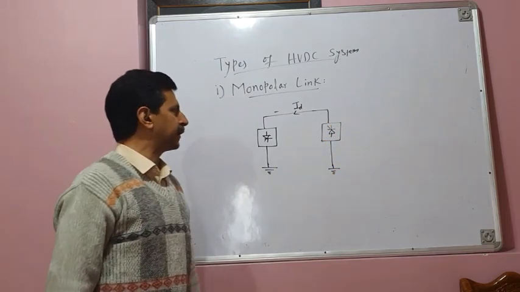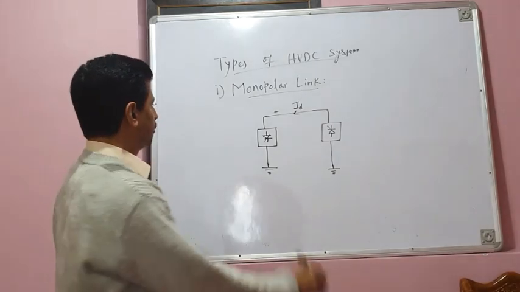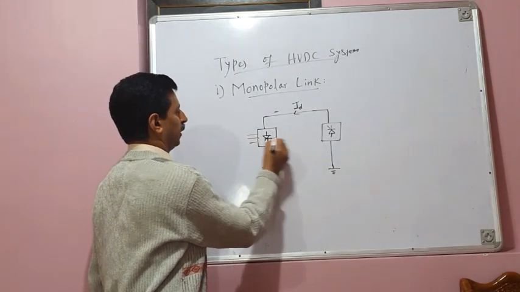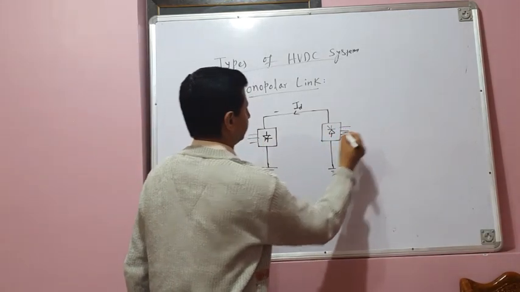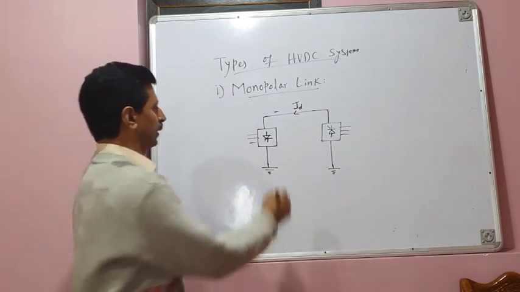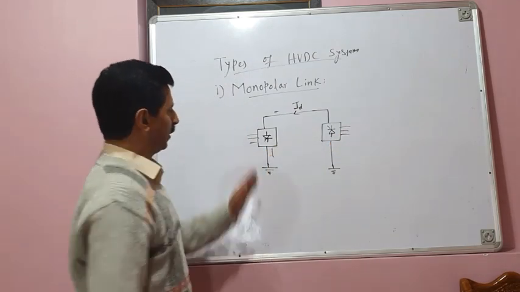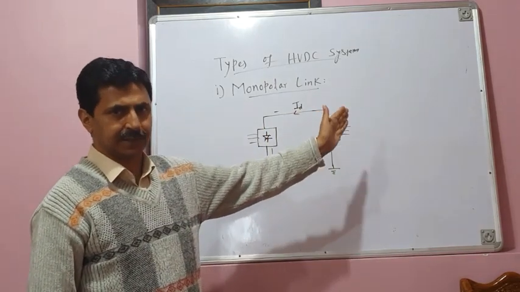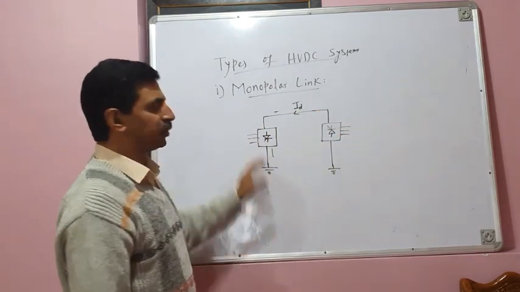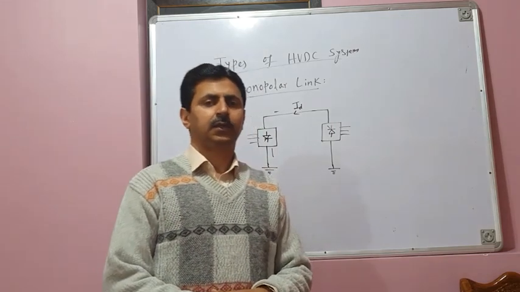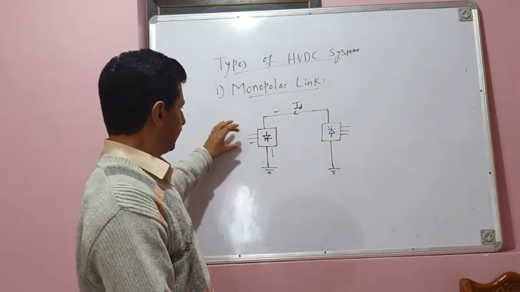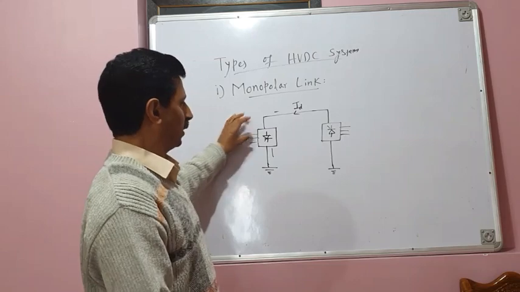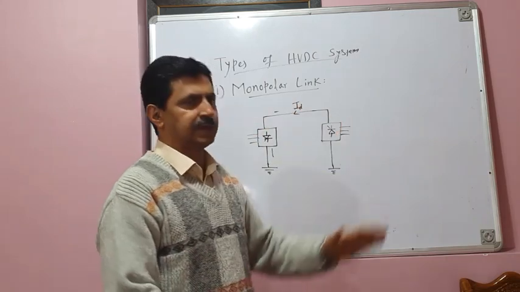This is the schematic diagram of an HVDC monopolar link. It has two converters. One converter is here and another converter is on the other end. Both the converters are supplied from an AC system. There's a three-phase AC system on this side and a three-phase AC system on this side.